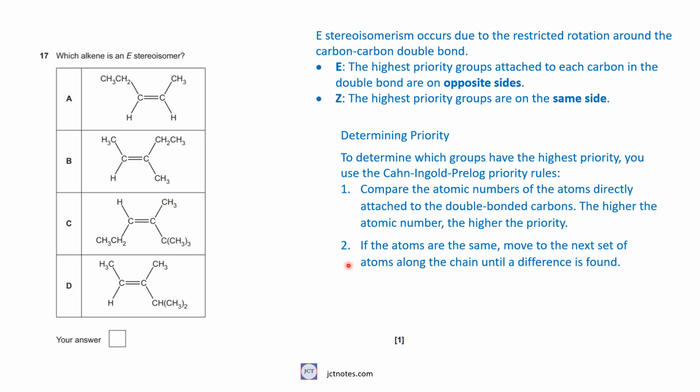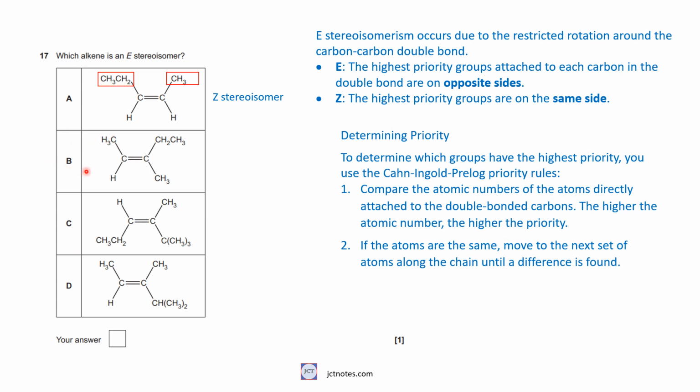In alkene A, each of the carbons of the double bond are bonded to a carbon and to a hydrogen. Carbon takes priority, and we can see that the highest priority groups are on the same side of the double bond. Alkene A is a Z stereoisomer.